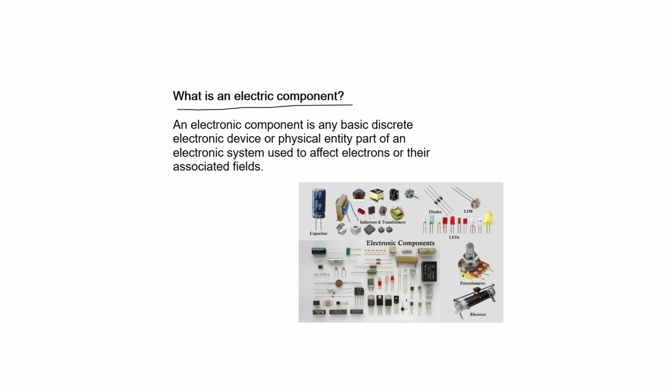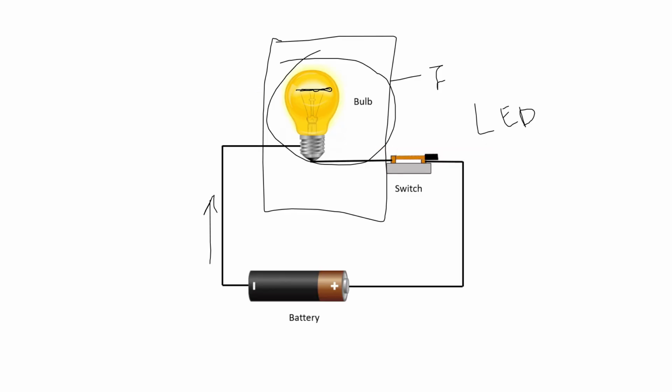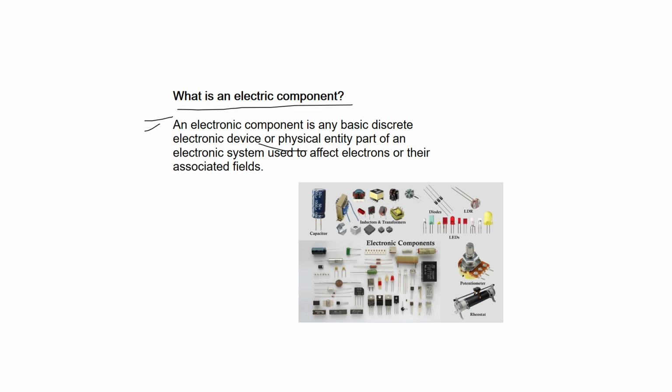According to Wikipedia, an electronic component is a basic discrete electronic device or physical entity, part of an electronic system, used to affect electrons or their associated fields.